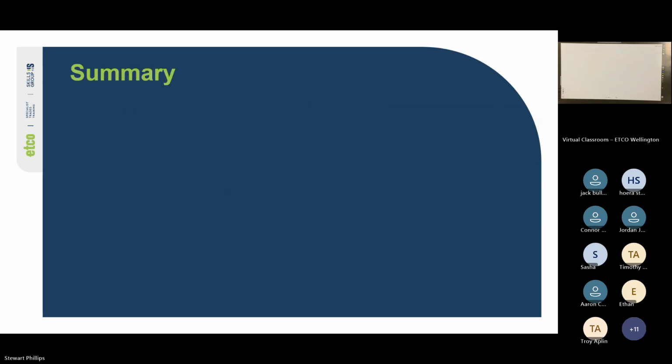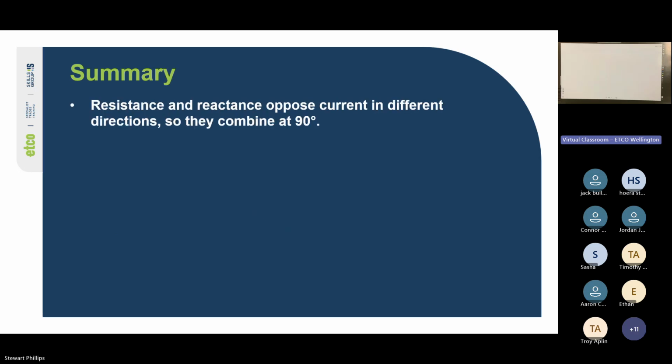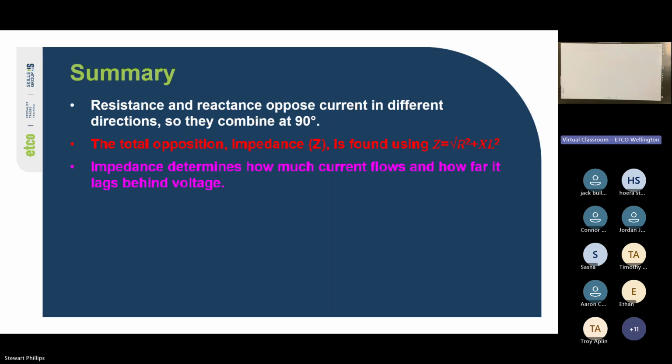Cool. So a bit of a summary of this section. So resistance and reactance oppose current in different directions. So they combine at 90 degrees. The total opposition or impedance Z is found using Z equals the square root of R squared plus XL squared. Impedance determines how much current flows and how far it lags behind voltage.